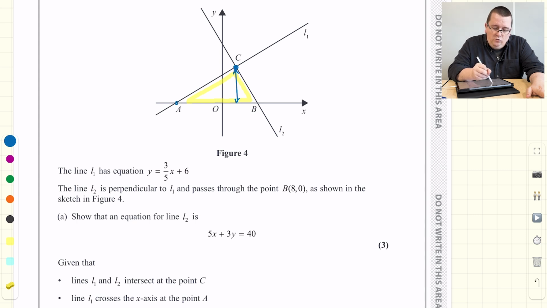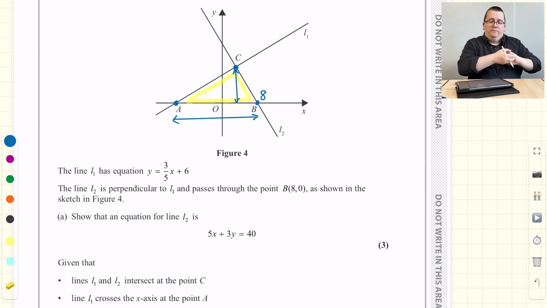And if I know where A is and I know where B is, then I can also work out the base. Now we know that B is at (8, 0). So I've got that information already. So I just need to find the coordinates of C and the coordinates of A.